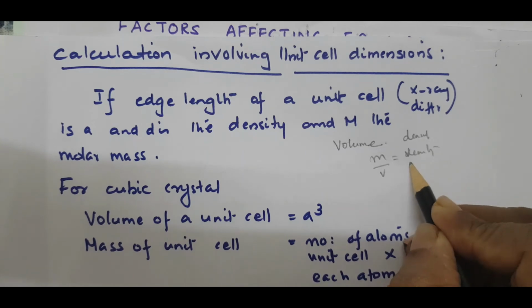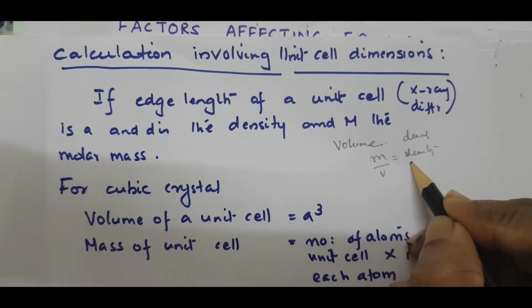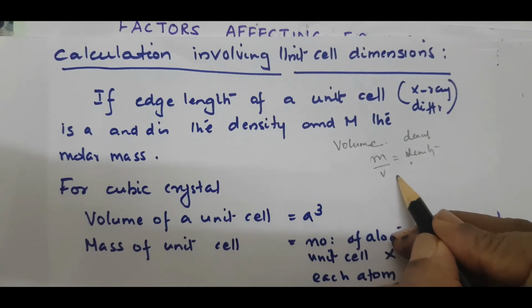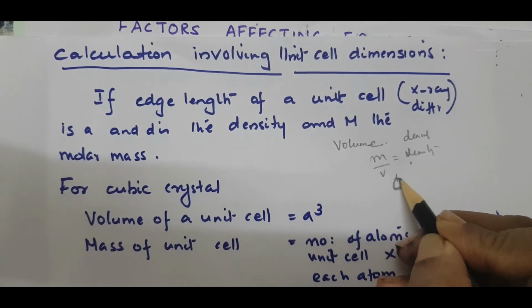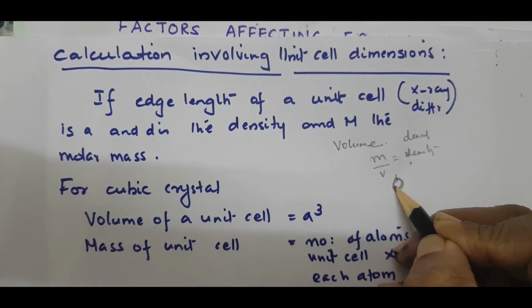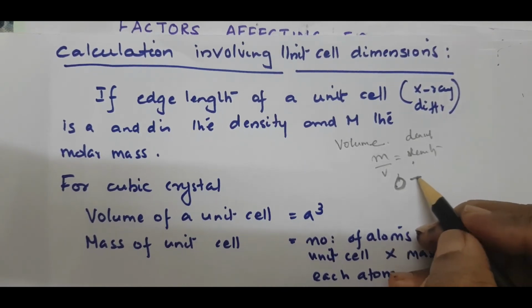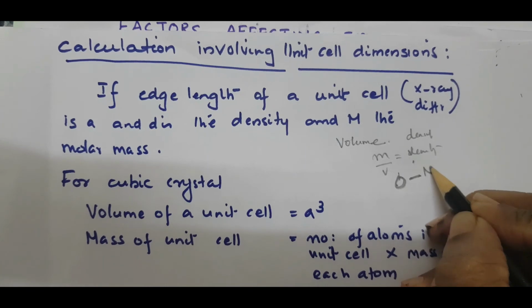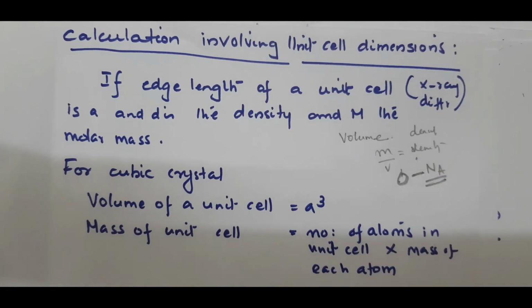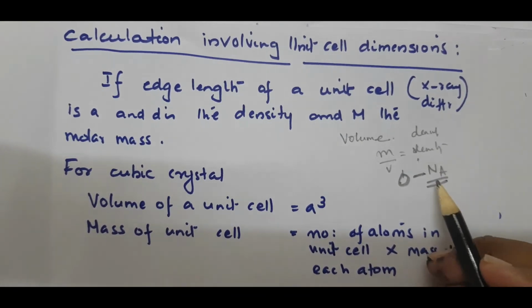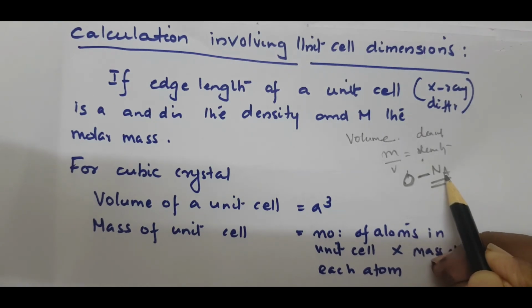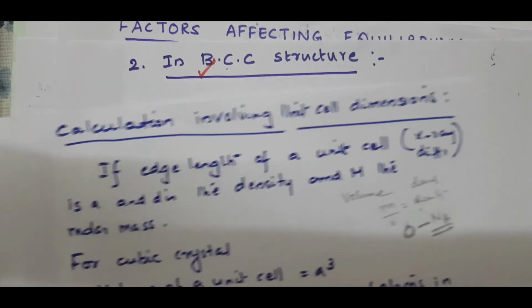And if you know the mass of a single atom, then you can calculate the mass of a single atom from the Avogadro number. Okay, so that doesn't matter.